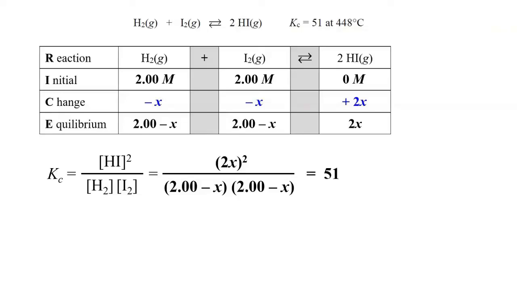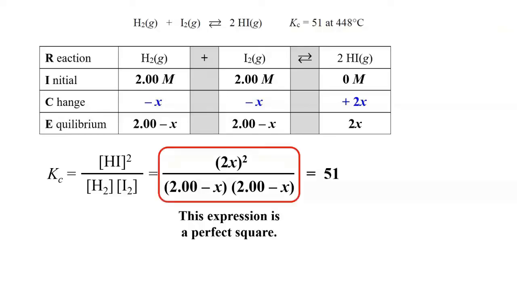And before you get a little bit intimidated or concerned about the complexity of this equation, let's take a look at some feature of this expression that allows us to simplify the process of solving for x. And that is, if you look carefully, the numerator and denominator are both perfect squares. So because this expression happens to be a perfect square, we can take the square root of both sides of the equation, and that really will simplify the process of solving for x.